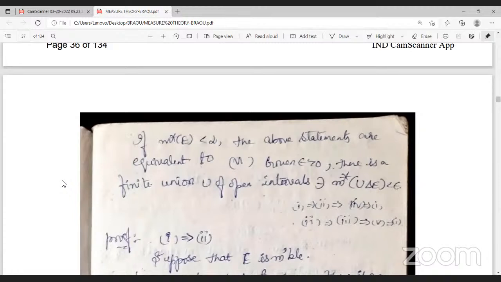Now we prove that first implies second. One implies two means what is the meaning? The given information is first one. Then now we prove that second one. Observe here.